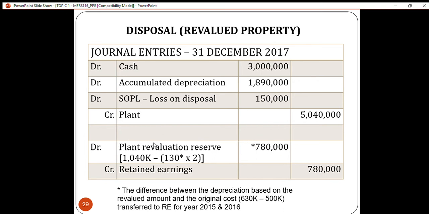That is the revaluation surplus that was credited previously, minus the 260,000, the difference of the depreciation that was already transferred to retained earnings in years 2015 and 2016. So the balance is 780,000.